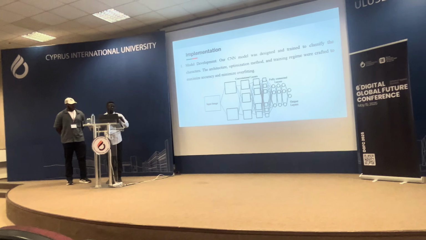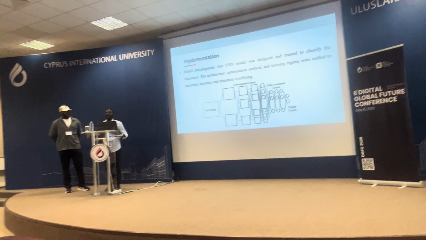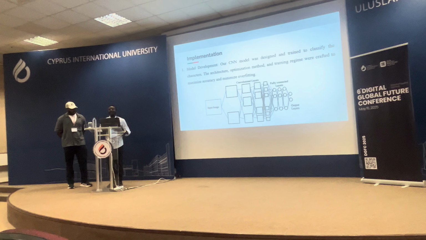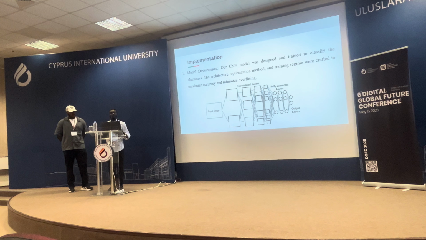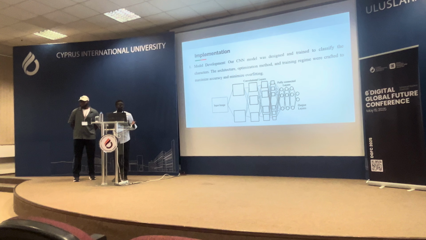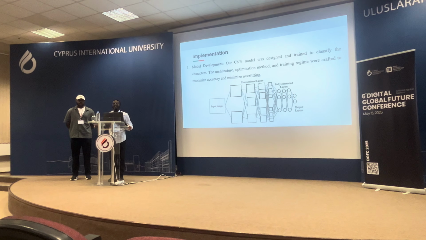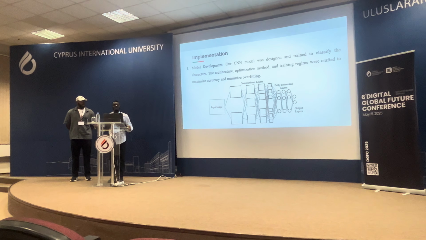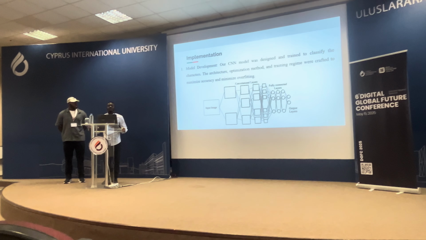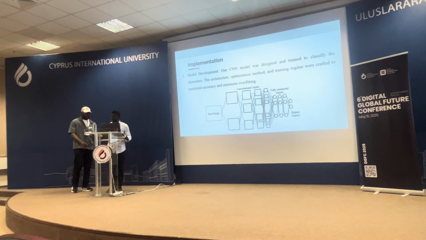But we were able to improve our model by tuning the hyperparameters and also training it for a longer period of time to get a more accurate output. Thank you.